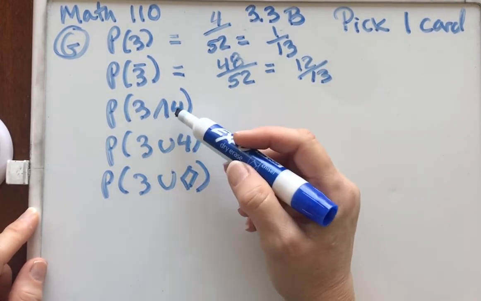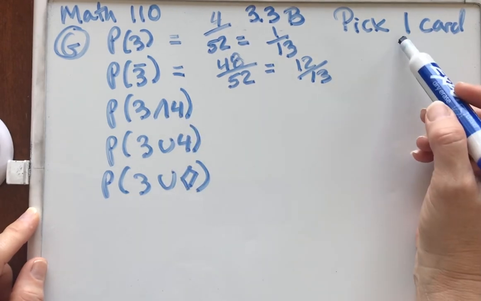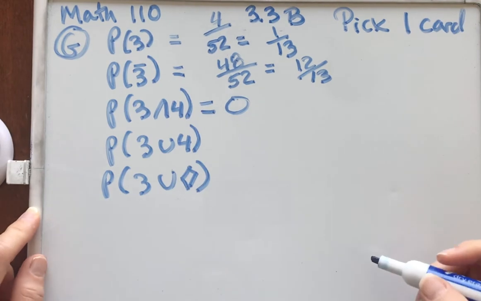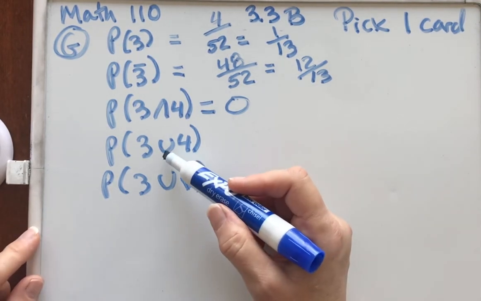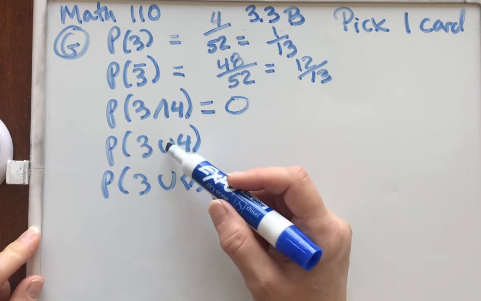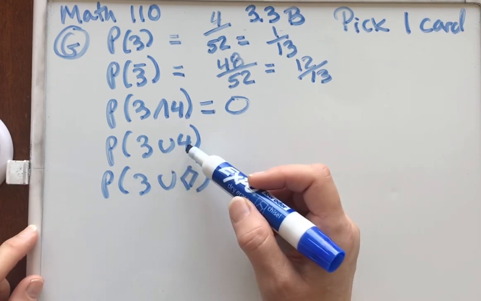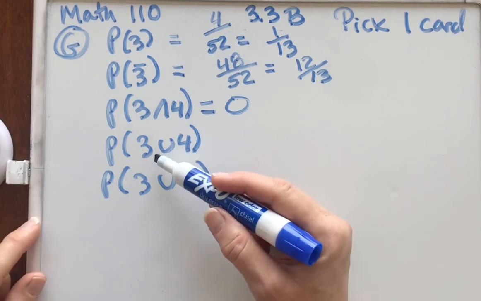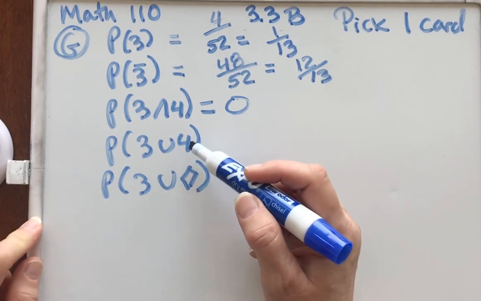Probability of getting a 3 and a 4. Well, we're only picking one card. That's impossible. So the answer is 0. Probability of getting a 3 or a 4. Now here's the word or, because of the union, we have to decide is this mutually exclusive or not. If we're picking one card, can we get a 3 and a 4 at the same time? No, we can't.